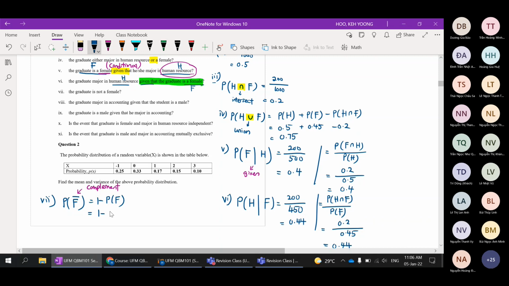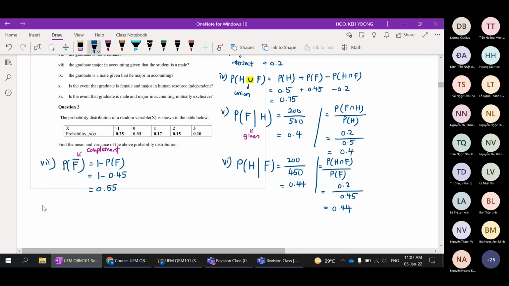Female is 0.45. So you get 0.55. This is the probability for male. 55% of the graduates are male.